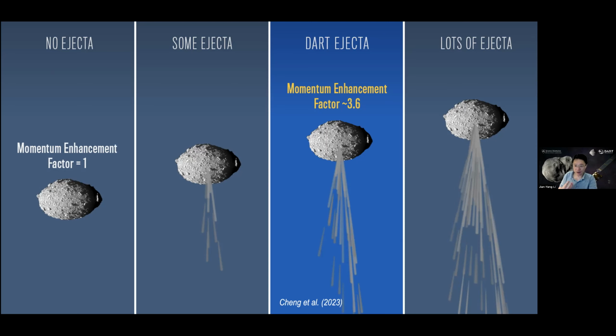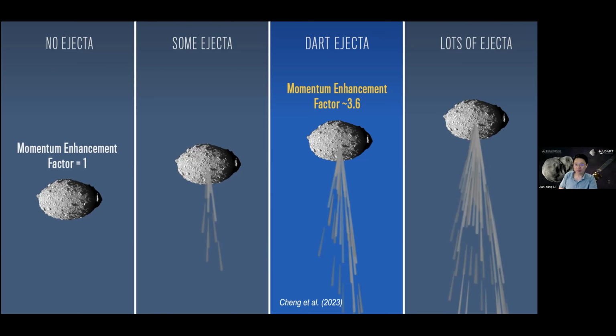But we actually know very little about the cratering process on asteroids, so we really have no way to make good predictions. Before the impact, our team did a lot of observations to determine the target properties, and then ran numerical simulations to estimate how much push we can get.